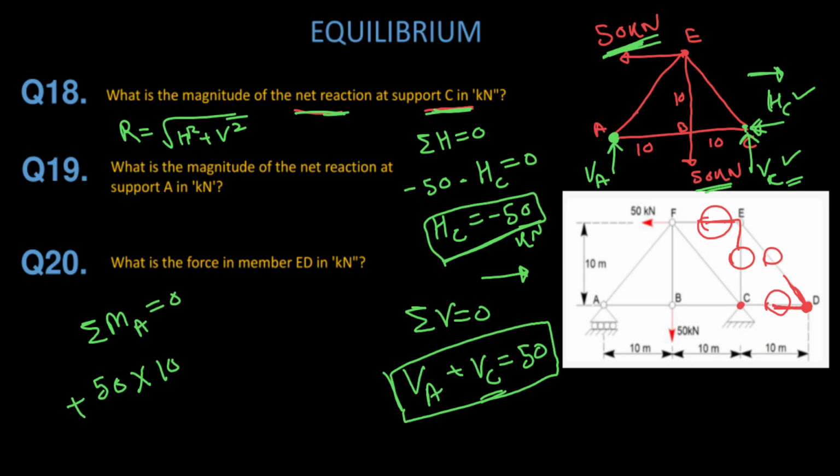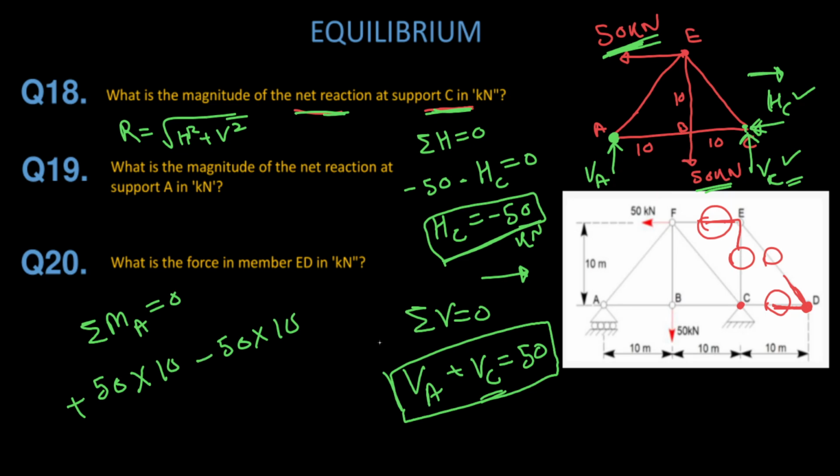Counterclockwise positive. Then this force is also 50 kilonewton into perpendicular distance 10. It's clockwise, rotating in this sense. So this force is counterclockwise, this is clockwise, so it will be negative.